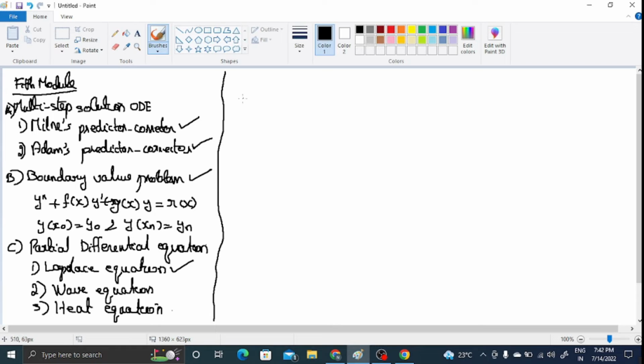So first we are going to discuss those tools. Those tools are nothing but how to approximate, or how to replace, a differential term with data points. How to do that? So that we are going to discuss.